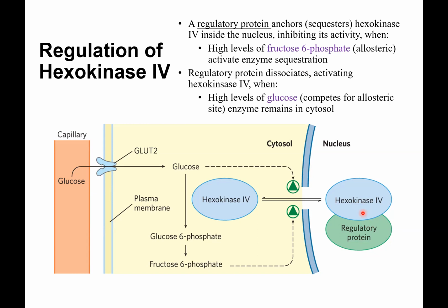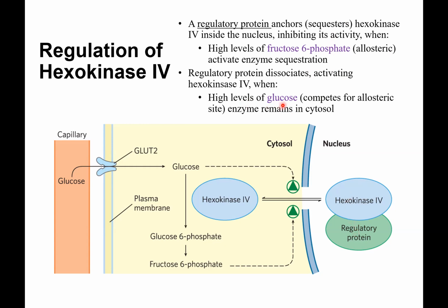On the other hand, when there are high levels of glucose, glucose and fructose 6-phosphate are actually competing for the allosteric site. When there's lots of fructose 6-phosphate, it's binding where glucose normally would in the hexokinase enzyme. And when there's a lot of this bound, we have this situation.